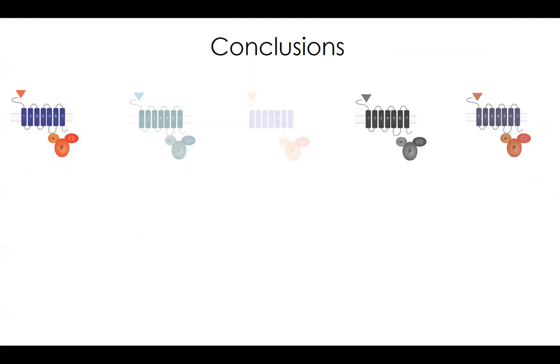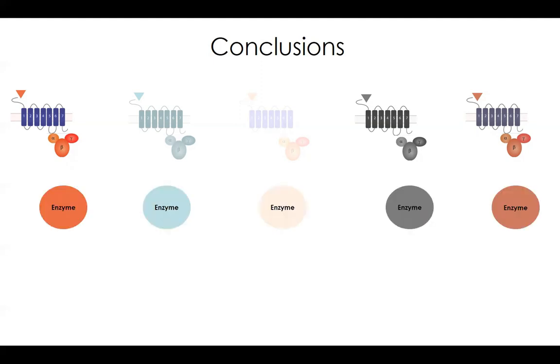Some of these G proteins may be shared, but some might be more affiliated with certain receptor types than others. These are in turn going to activate enzymes. Again, the two examples we talked about are phospholipase C and adenylyl cyclase. Each one of these enzymes can propagate its own cellular response.